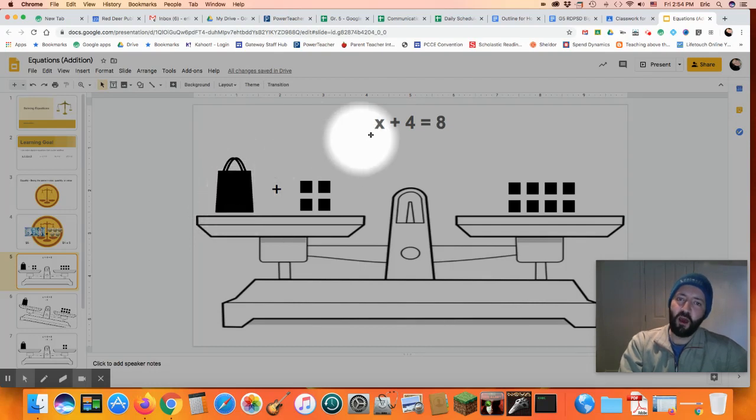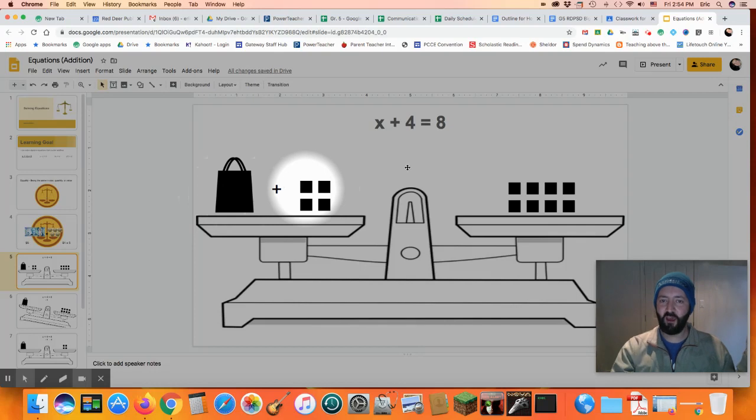I also have plus 4 on the left side of my equal sign, so you can see I've got my plus 4: 1, 2, 3, 4. And on the right side of my equal sign, I just have 8. What this is showing is that my mystery bag plus my 4 squares is the exact same weight as my 8 squares on this side.